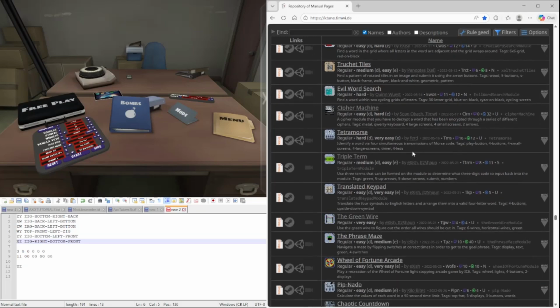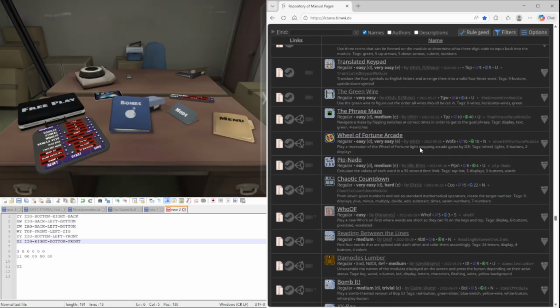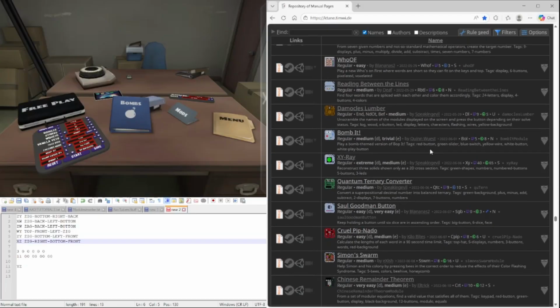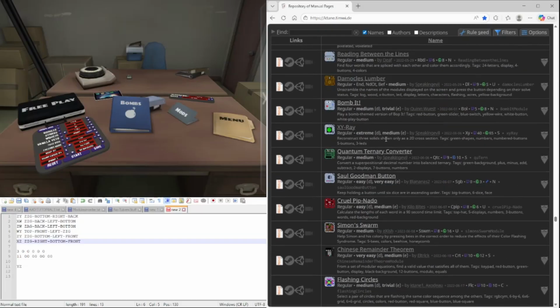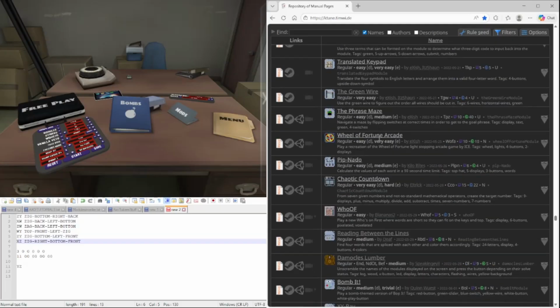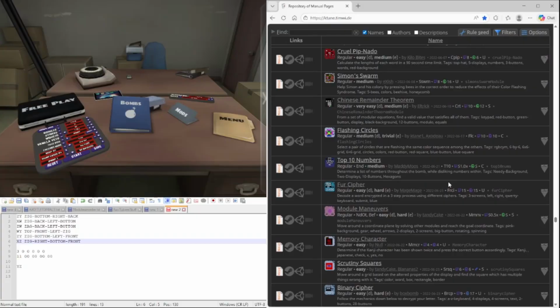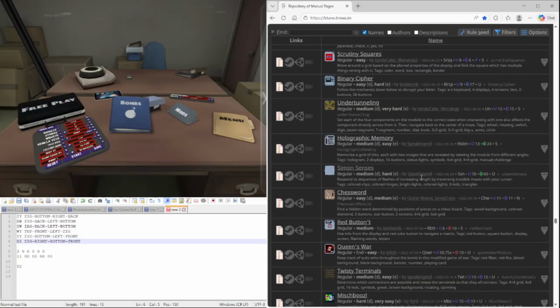Ciphering machines coming up, Tetramorphs as well. Phrase maze can be a bit of a pain sometimes. Damocles is going to be interesting. And then the biggest roadblock, I think, will be XY, right? And then the next biggest roadblock after that is Simon Simpsons, so.